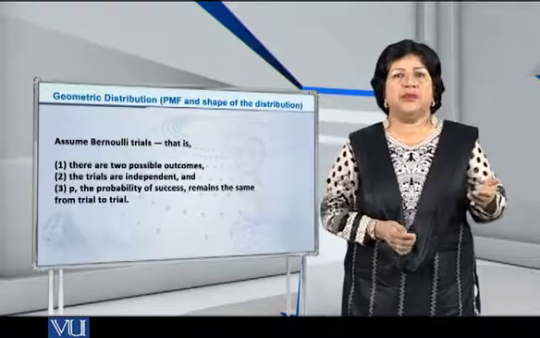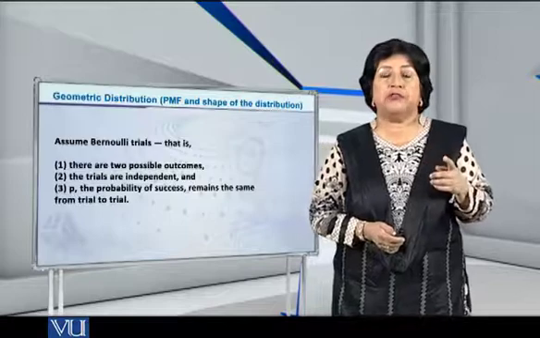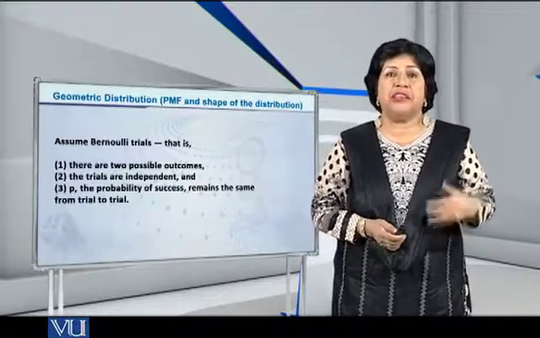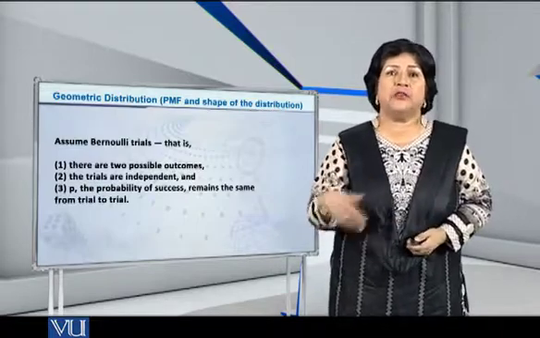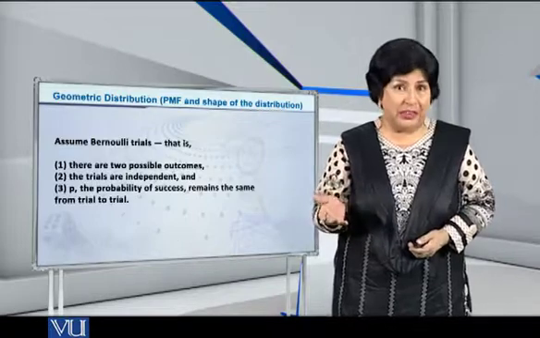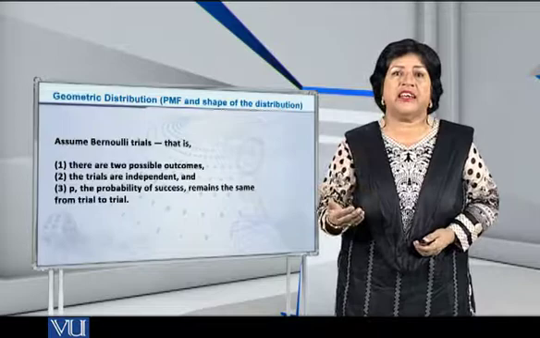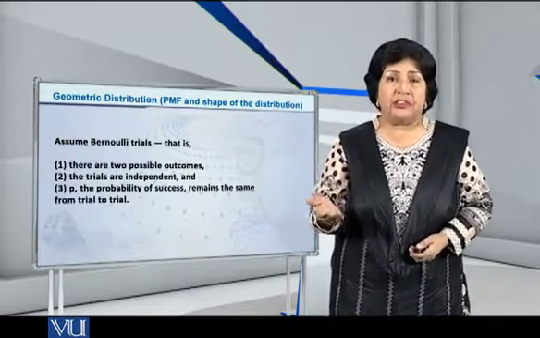आपको मैं याद दिला दूं कि binomial experiment क्या होता है. It is that one for which 4 conditions have to be fulfilled. The first condition, that for any trial, there are only 2 possible outcomes, success and failure. The second condition, that all the trials are independent of each other.